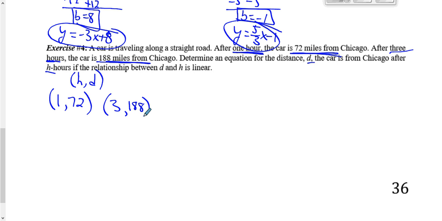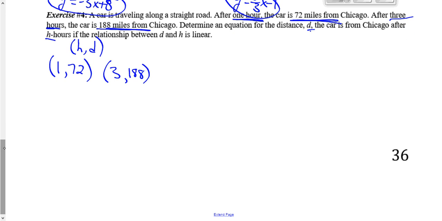And they want us to make an equation for distance d in h hours. So instead of y equals mx plus b, this will be what? d equals m h plus b.